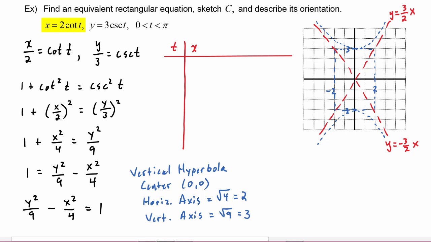We know x is going to be 2 times the cotangent of t, and y is going to be 3 times the cosecant of t.